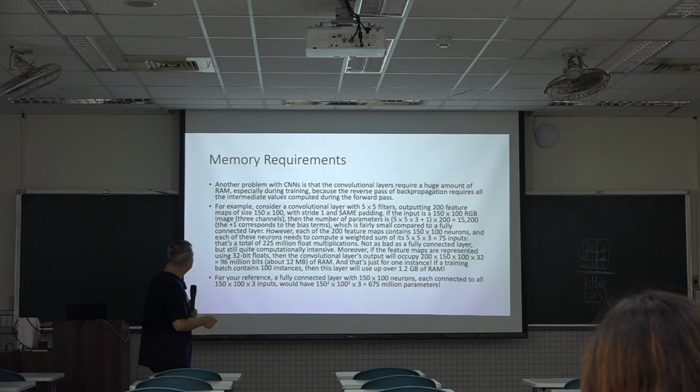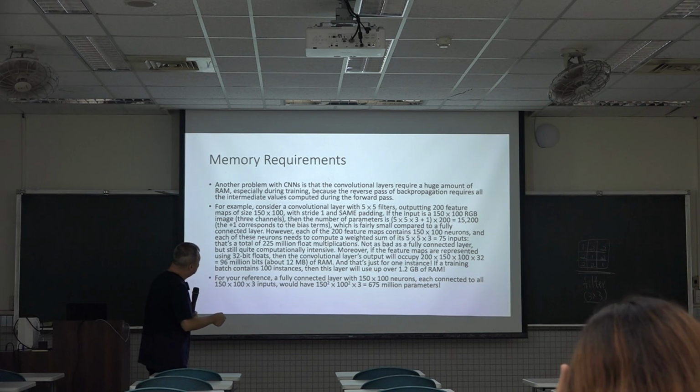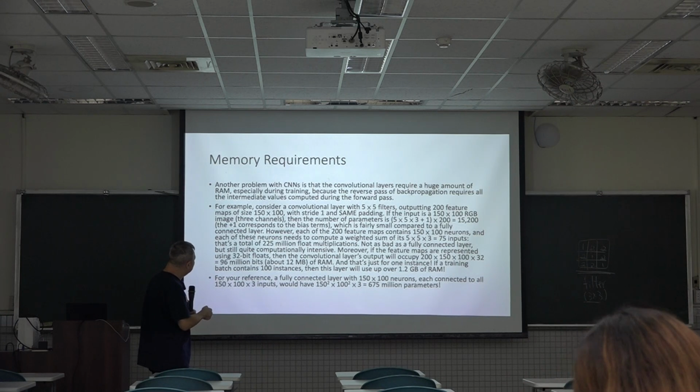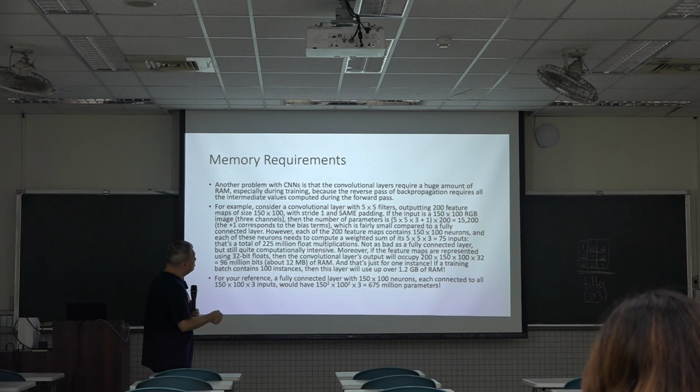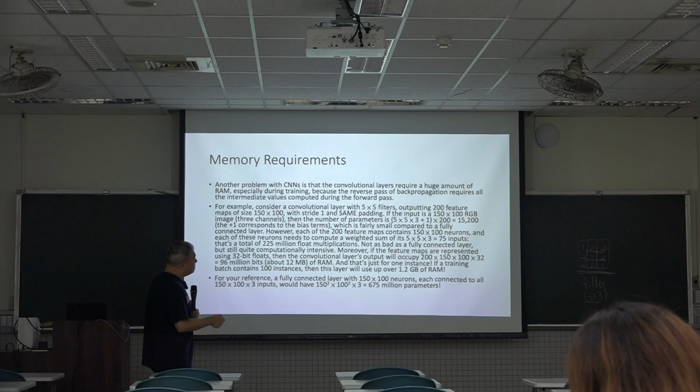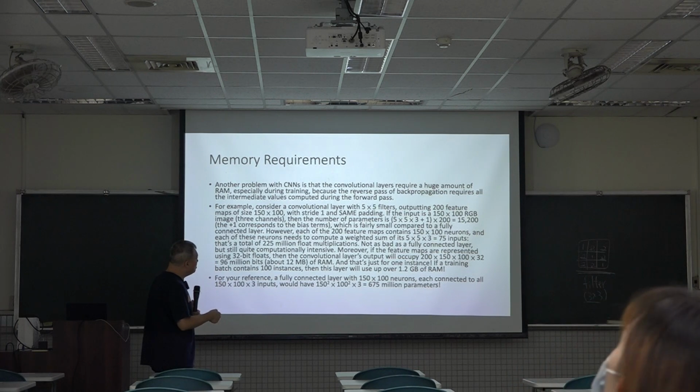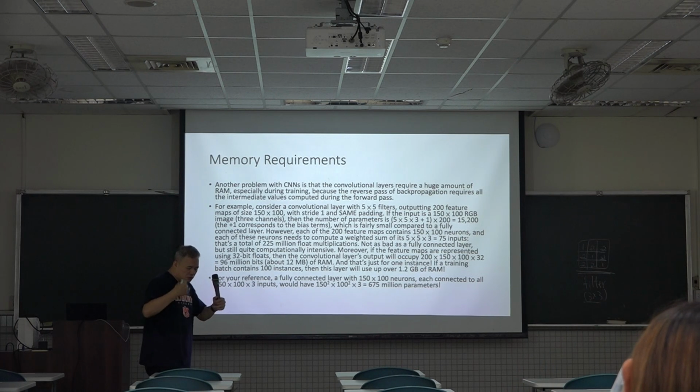Let me finish this slide. Another problem here is that convolutional layers require a huge amount of RAM, especially during training, because the reverse path of backpropagation requires all the intermediate values computed during the forward pass to be stored.